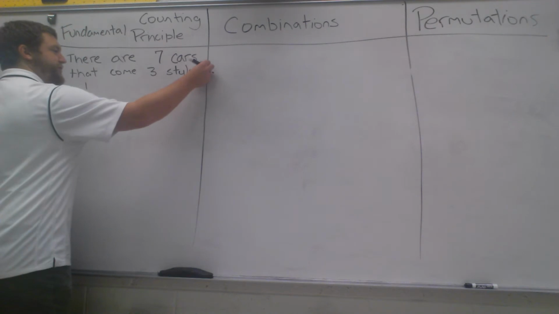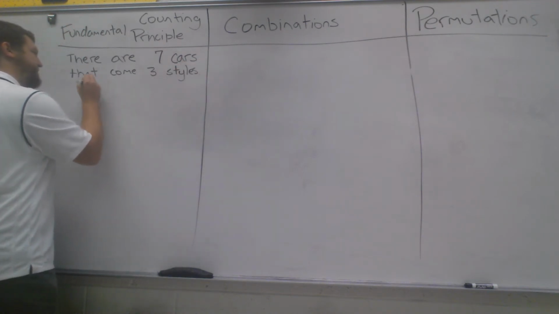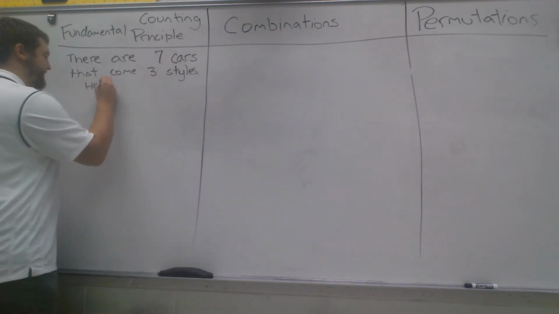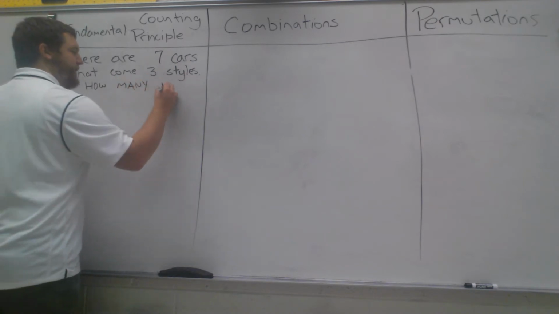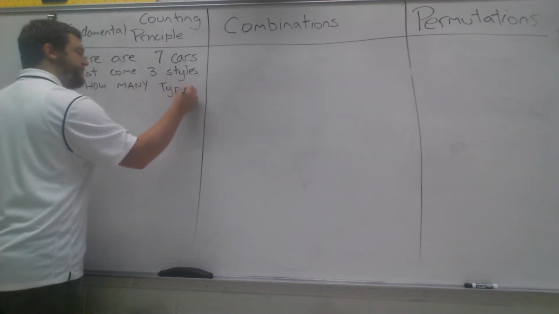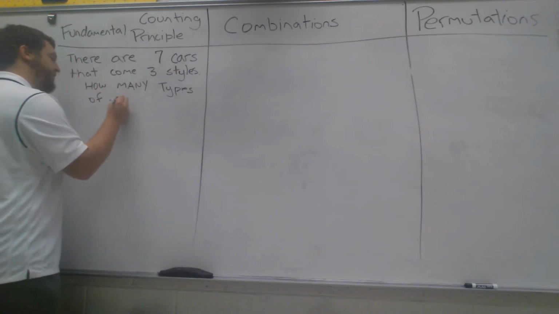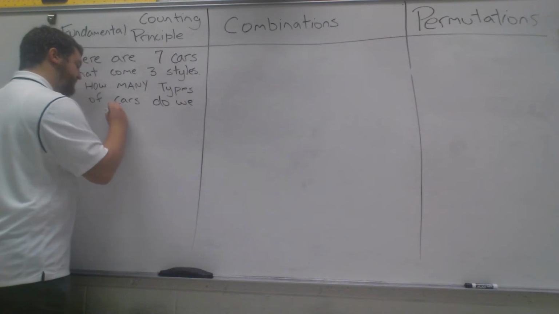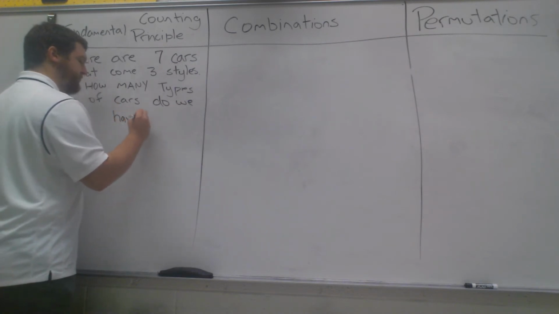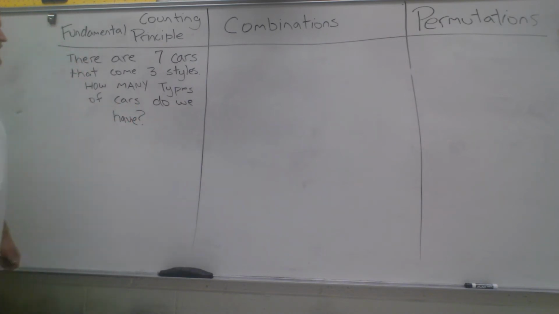That should be a period. It's not a question. There's 7 cars that come in 3 styles. How many types of cars do we have? Okay.